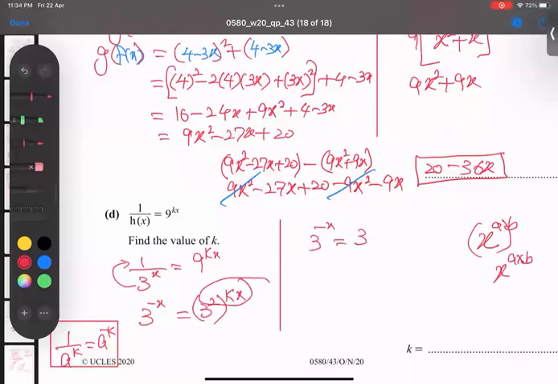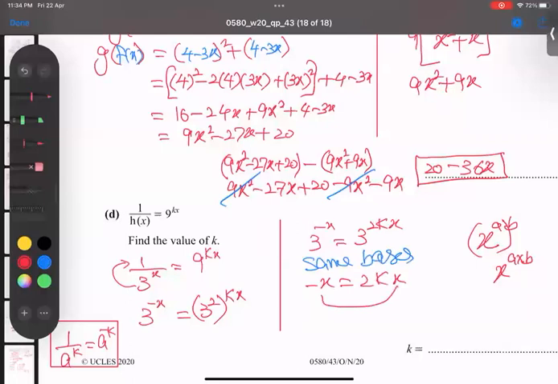So 2 and kx multiply and we get 2 times kx. Same bases, so cut them and take the powers. These powers are equated to each other. Negative x equals 2kx, and this x goes down, so negative x over x equals 2k, and I got negative 1 over 2k. And 2 also divides down, so k is equal to negative half.